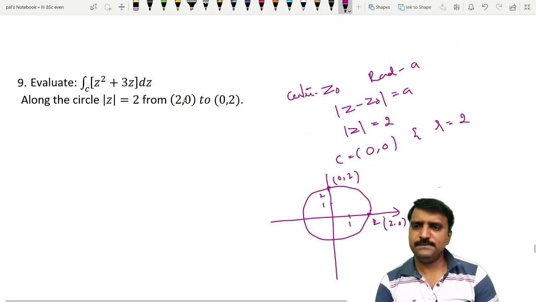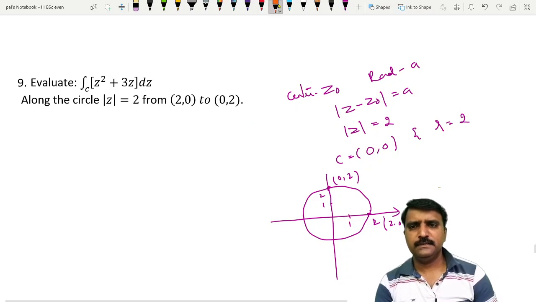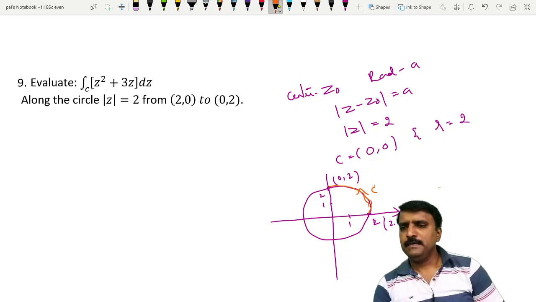Here the curve, a part of the circle, varies from (2, 0) to (0, 2). Along this curve C we have to take the integration.